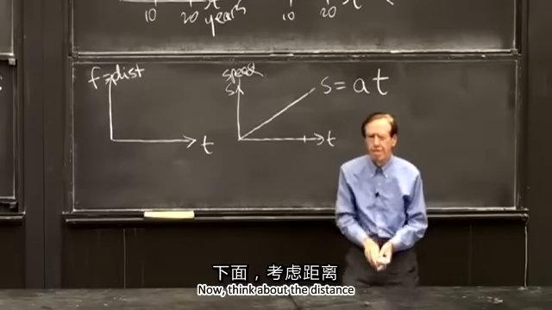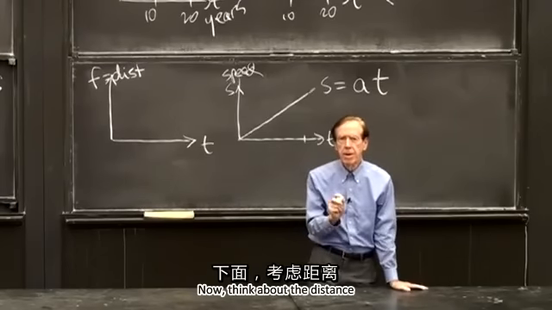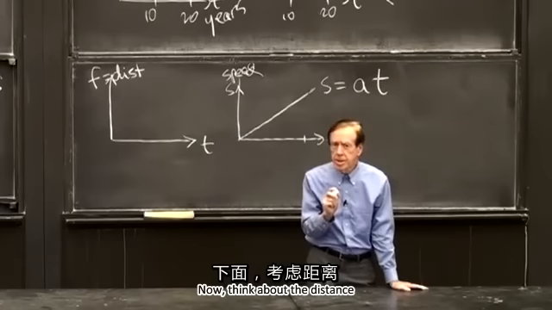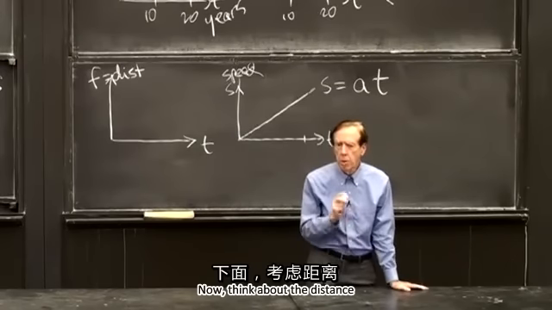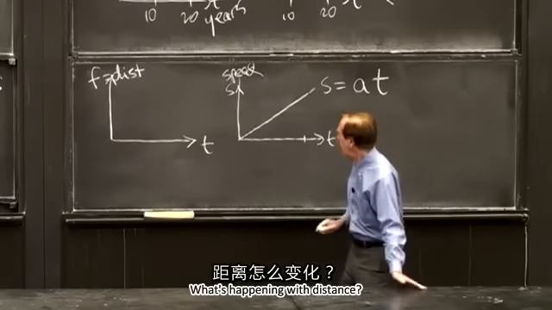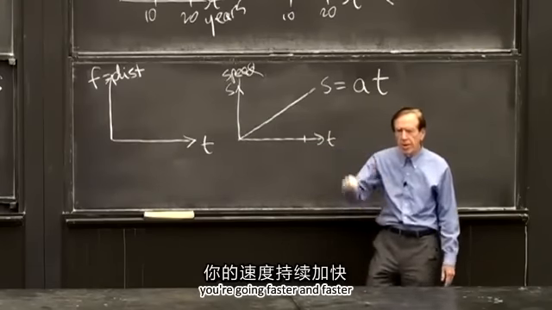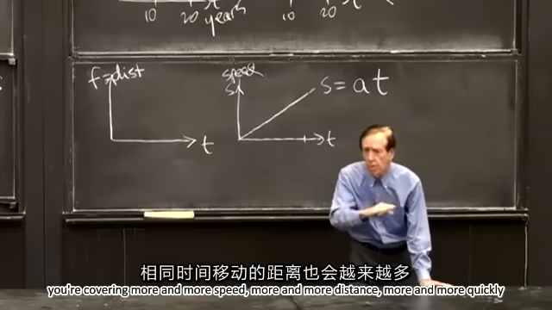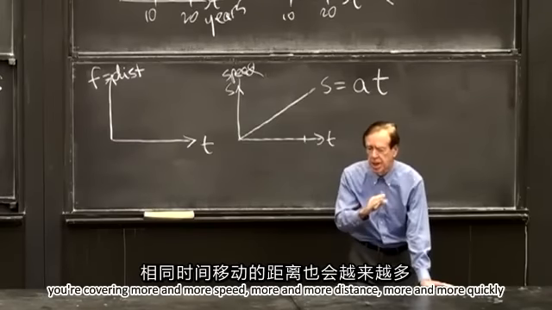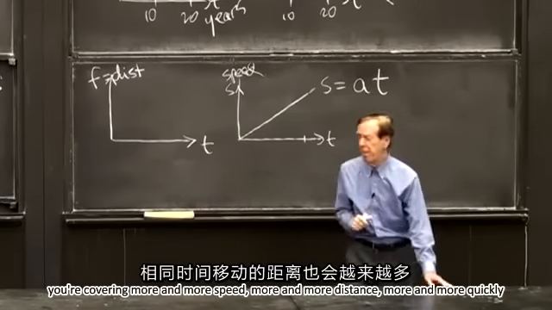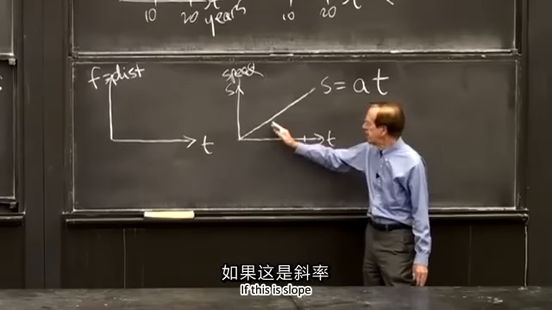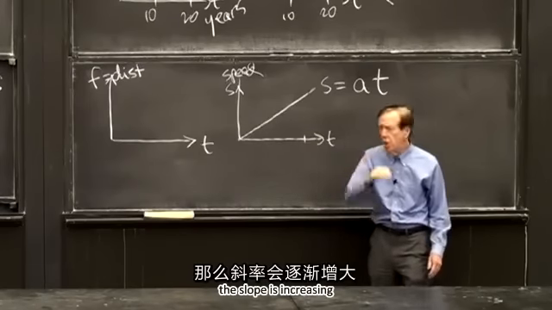Now, think about the distance. What's happening with distance? If you're accelerating, you're going faster and faster, you're covering more and more distance, more and more quickly. If this is slope, the slope is increasing.